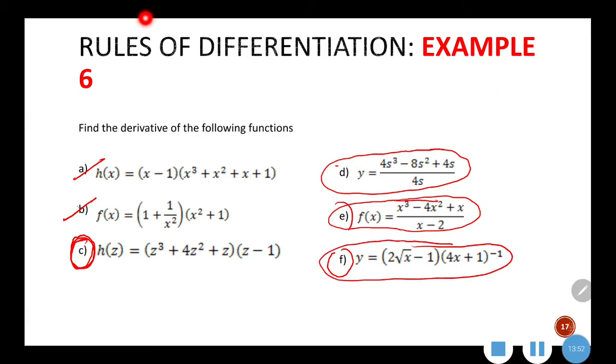But I want you to solve C and E as your classwork submission. After this, I'm going to discuss with you examples D and F.